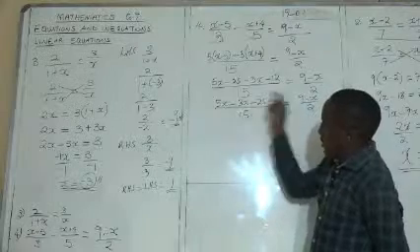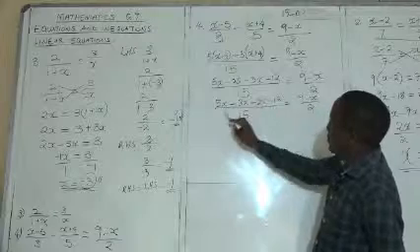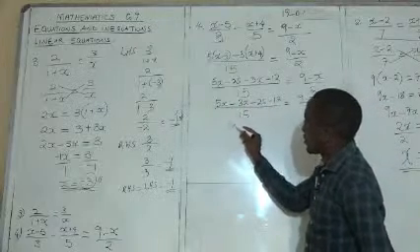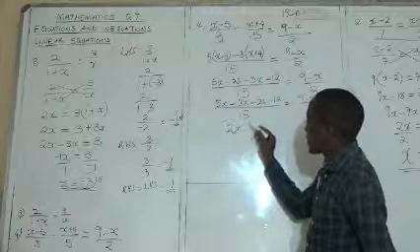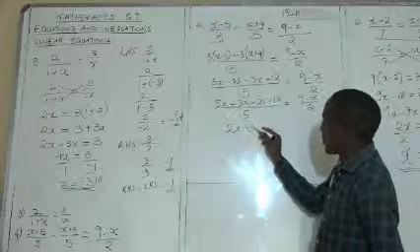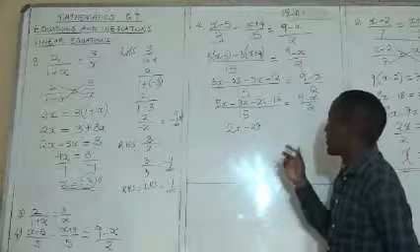Okay, so here we can subtract and we can add where possible. So we have 5x minus 3x, we are going to have 2x, then minus 25 minus 12 will give us 27, so it will give us minus 27.